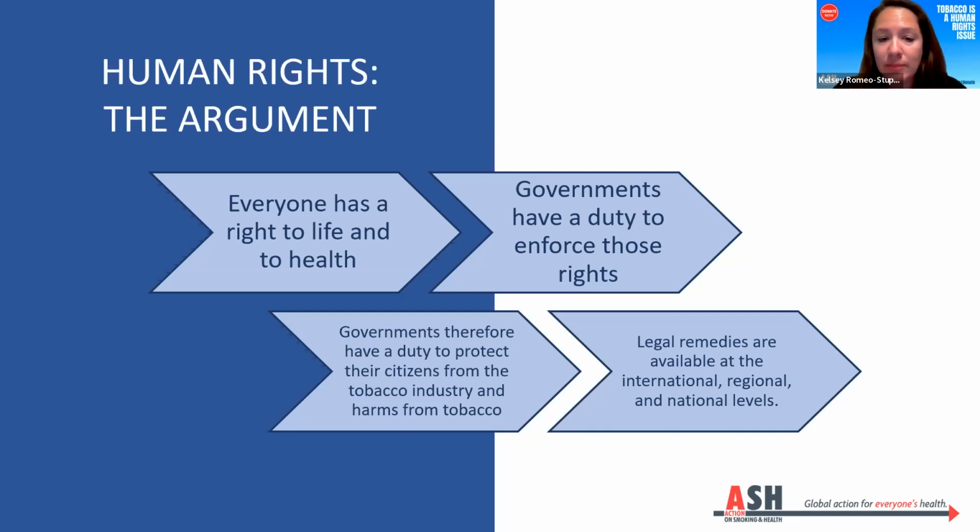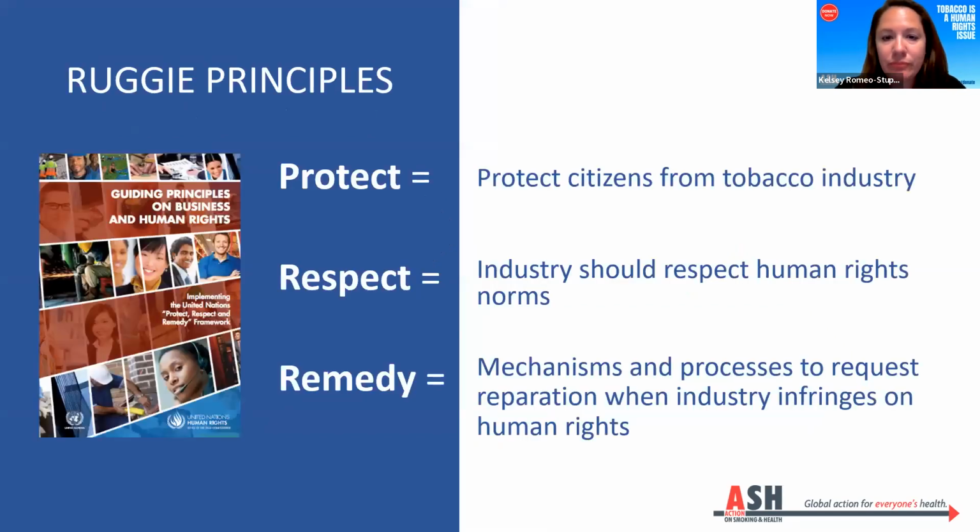So today we're talking about governments, specifically the US government, not protecting its citizens from menthol advertising and menthol cigarettes, actions by the tobacco industry. And one of the remedies that's available is to go to these human rights committees, specifically the Committee on the Elimination of Racial Discrimination, and ask them to hold the US government accountable. So that's how this works in a human rights-based argument.